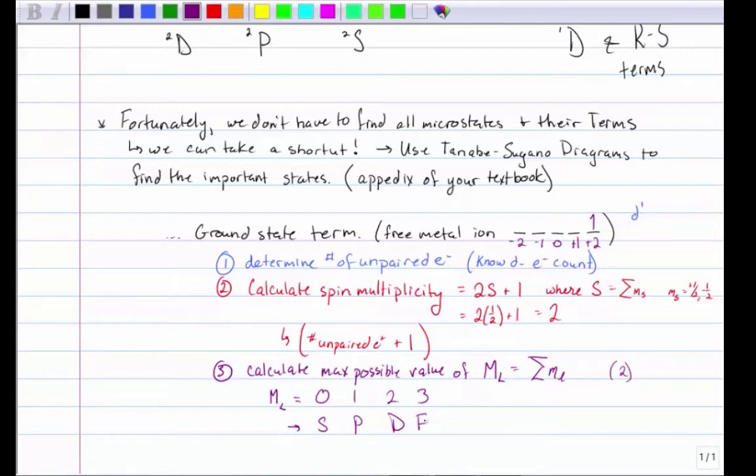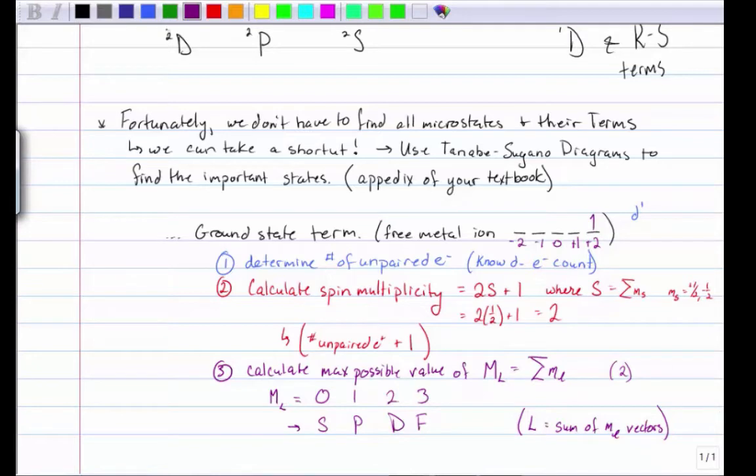Capital M sub l relates to another quantum number, capital L. So this is a new quantum number, and it's like the sum of the m sub l vectors. These are analogous to your s, p, and d orbitals, but it's not a literal translation. It's not literally the same thing, but it's similar.